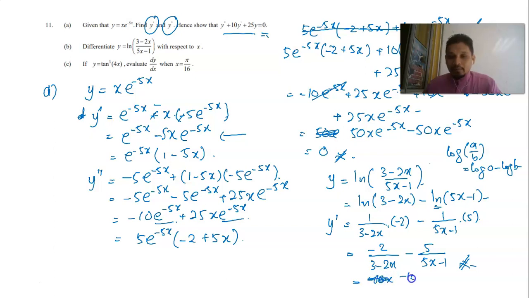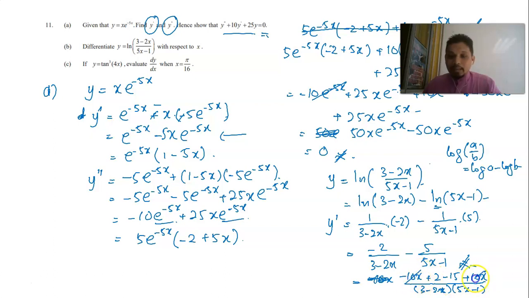Okay, negative 10x. Negative 2 times negative 1, positive 2. Negative 5 times 3, negative 15. Negative 5 times negative 2x plus 10x divided by, okay, 3 minus 2x and then 5x minus 1.